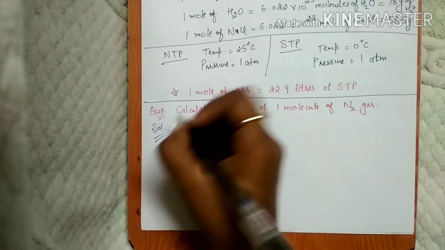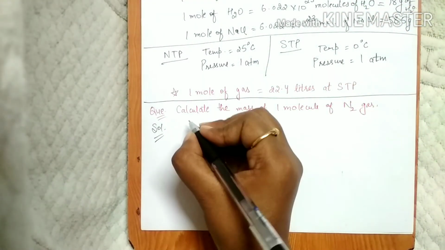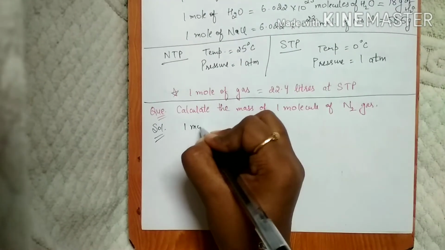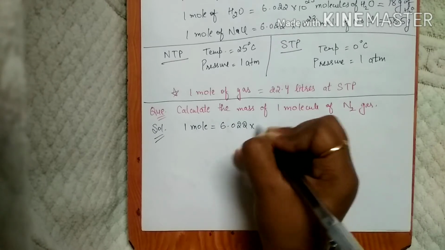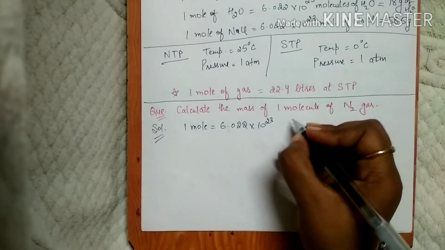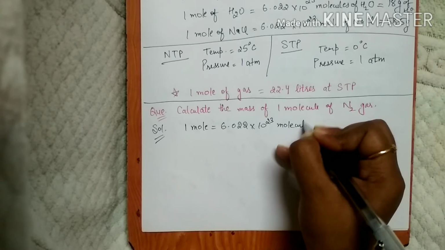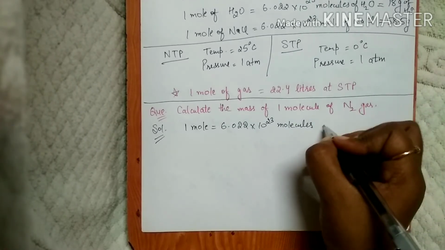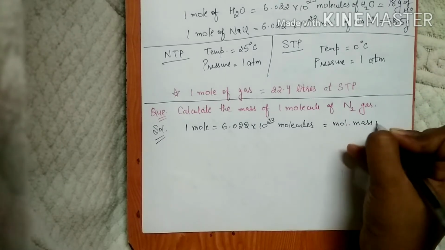We just have to remember that formula which I have written. I have told you that 1 mole of any substance is equal to 6.022 into 10 raised to power 23, in this case molecules of N2, and that will be equal to the molecular mass of N2.